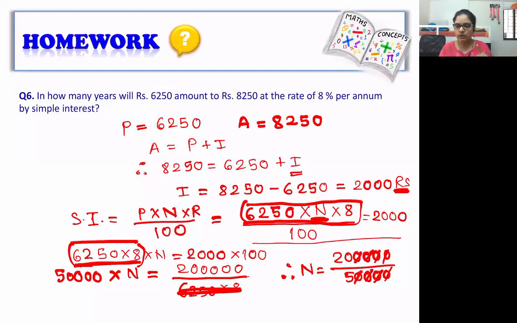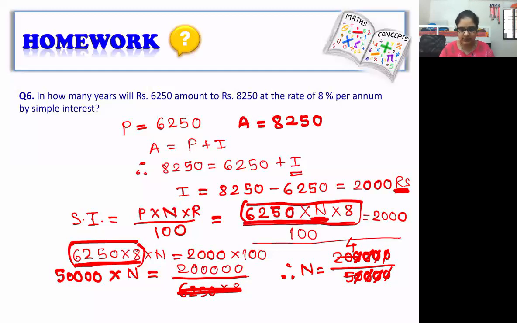Now you don't have one more 0 in the denominator, so you cannot cut the 0 in the numerator, that is pending. So this becomes 5 4s are 20. So N equal to 4 years is the correct answer.